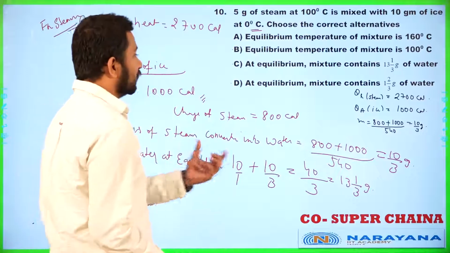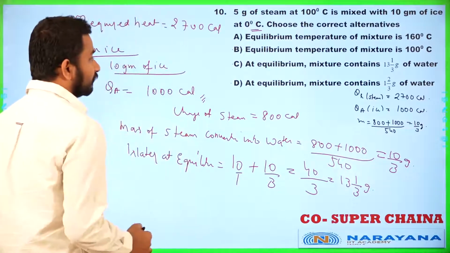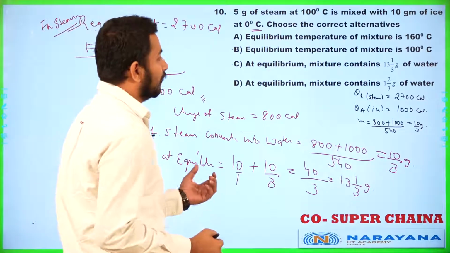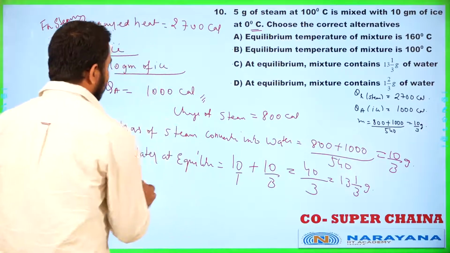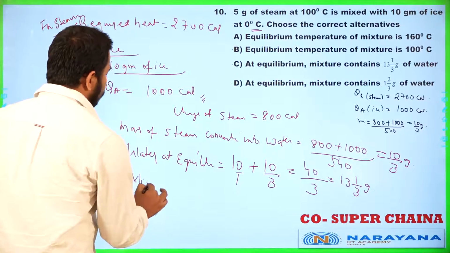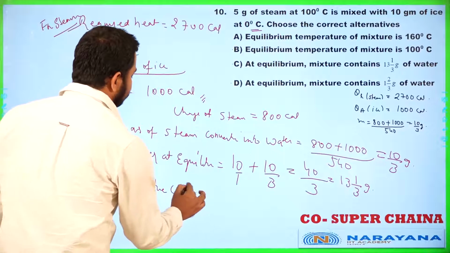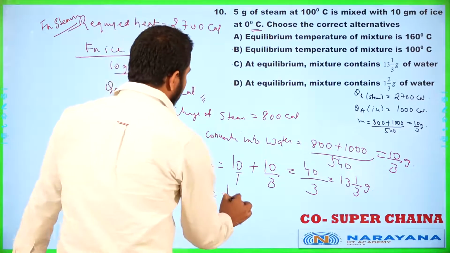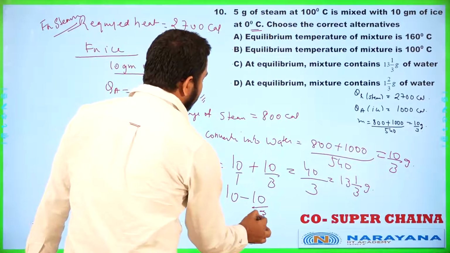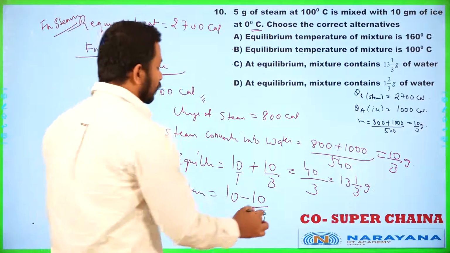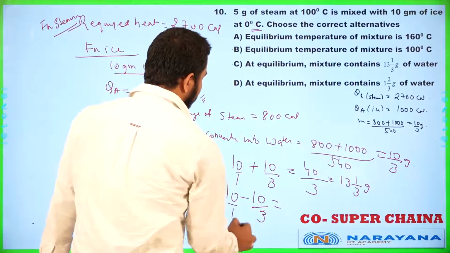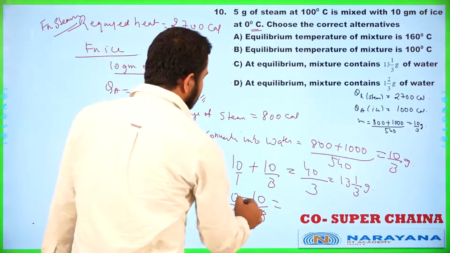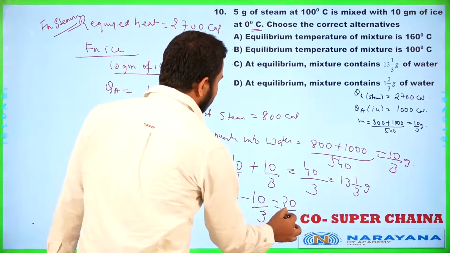So water at equilibrium will be this one. Now the mixture contains, initially it was having 10 minus 10 by 3, whatever is the water which is formed here, so this will be 30 minus 20, so it will be 20 by 3.